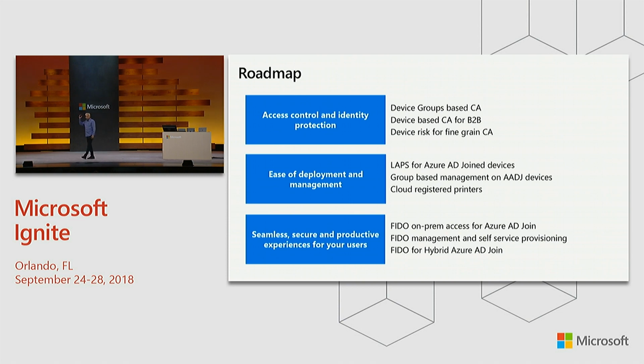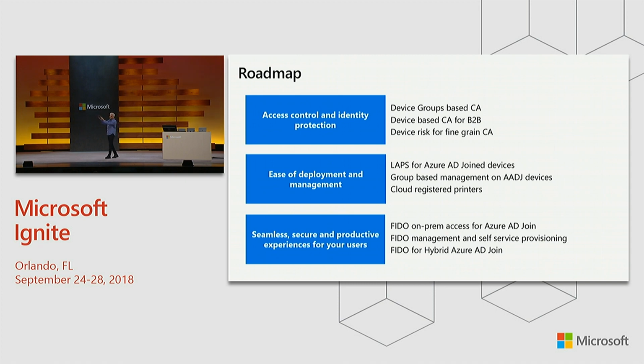Device-based conditional access for B2B. How many of you are using B2B today? Nice. So one piece of feedback we have is, let's say you're the resource organization, you have invited a guest user from the home organization, and they've already registered their device in their tenant.